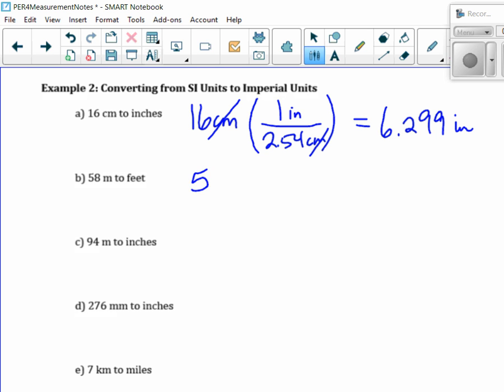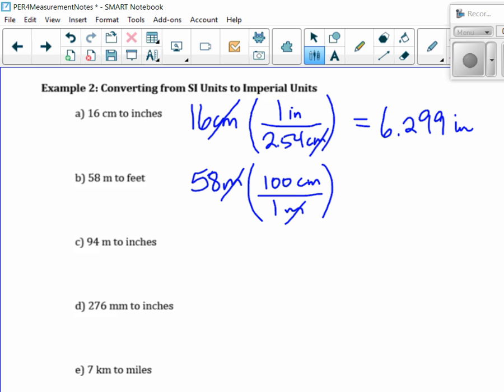58 meters to feet. So 58 meters. We look up our conversion for feet, and darn it, we don't have one. So we are going to use 1 foot is 30.48 centimeters. So I need to change the meters to centimeters. So what's the conversion for that first? 1 meter is 100 centimeters. So does everybody see now? I'm in centimeters mode.